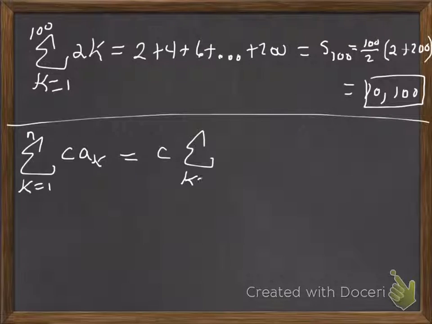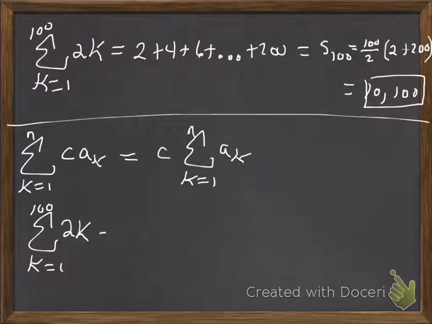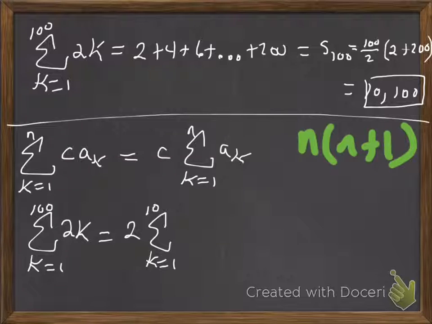What that does for us is it allows us to recognize what we have going on and remove some of the clutter. So if we want to do that same problem, k equals 1 to 100 of 2k, we can factor the 2 out first, and then do the sum. We'll use the sum formula we had on the last screen, which was n times n plus 1 over 2, and then multiply that by 2.